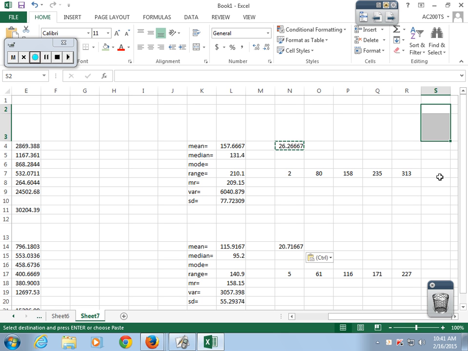The East Coast has a little bit more variance. So that means that the Midwest is a little bit tighter data, even though the higher cost of living is on the East Coast. Why do you think that is?